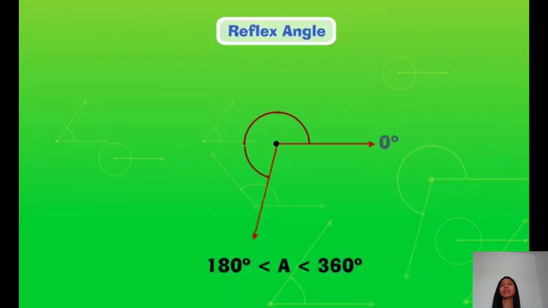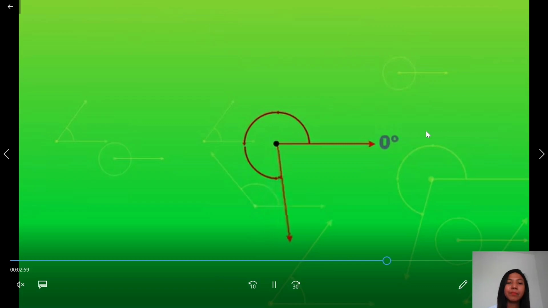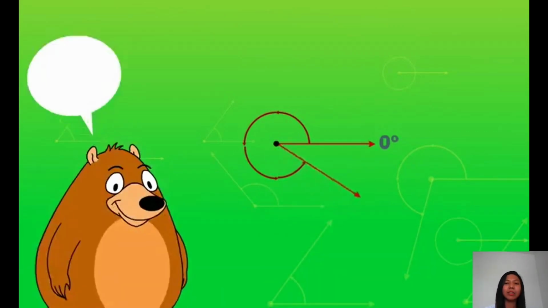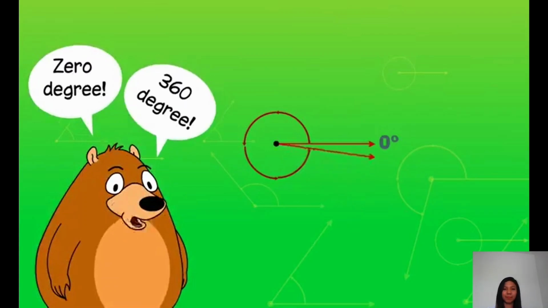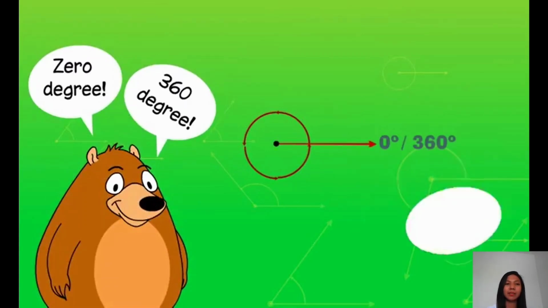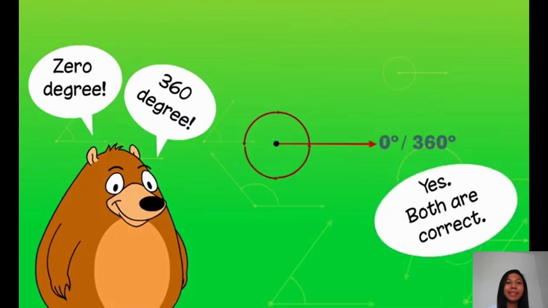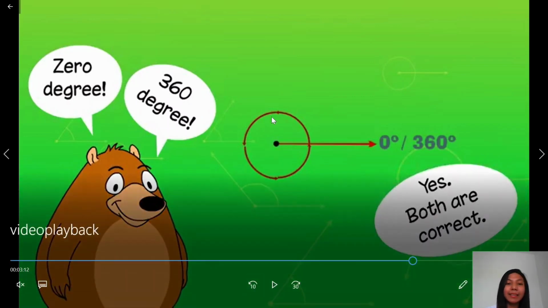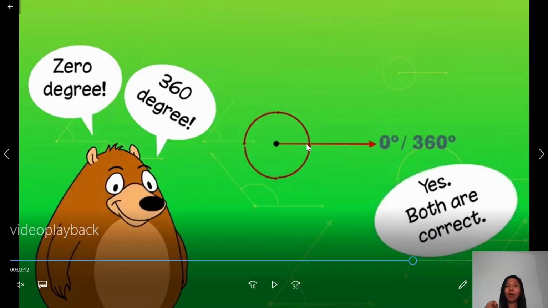Next, what if it continues to rotate and goes back to 0 degrees? So it is 0 degrees or 360 degrees. It rotates from 0 going back.